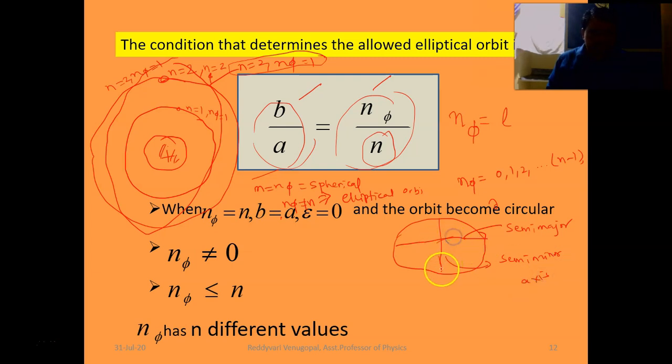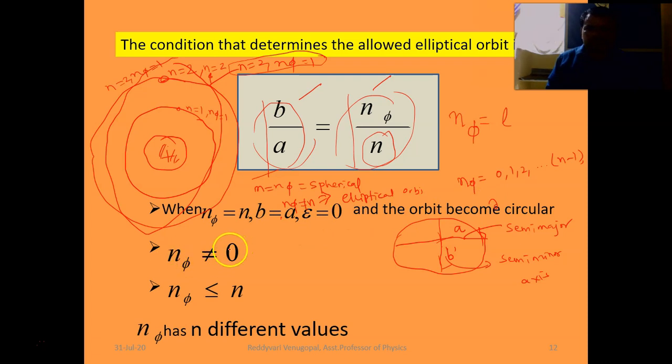So the length of the semi-major axis is a, and the length of the semi-minor axis is b. Like this, for each and every allowed orbital, it should follow this relation. That means b by a is equal to n phi by n. When n phi is equal to n and b is equal to a, eccentricity is equal to 0 and the orbital becomes circular.